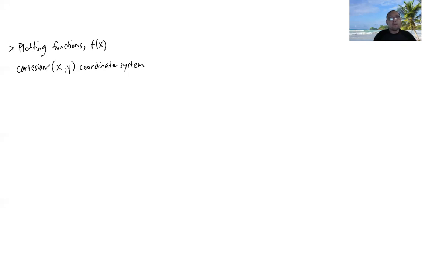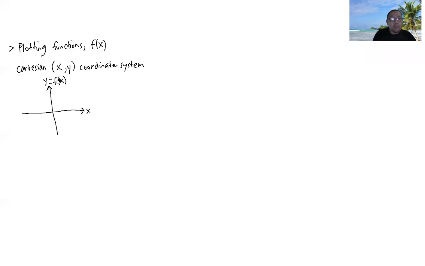So when we talk about Cartesian coordinates, in terms of just x and y, the plot looks like this. You have your x-axis, which is horizontal, and then you have your y, or your f of x. They're the same thing. You have your vertical axis.